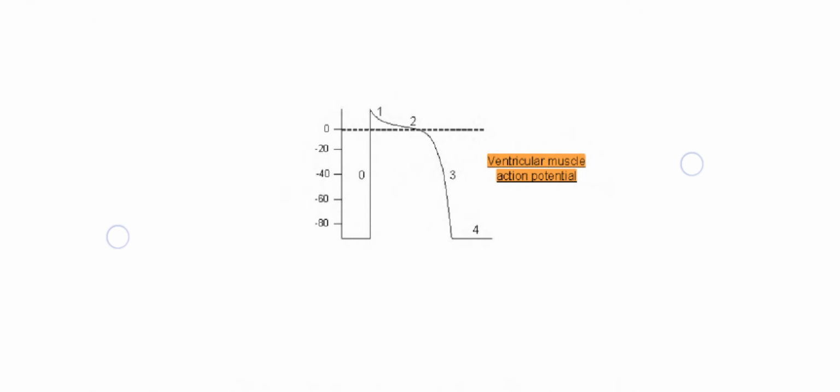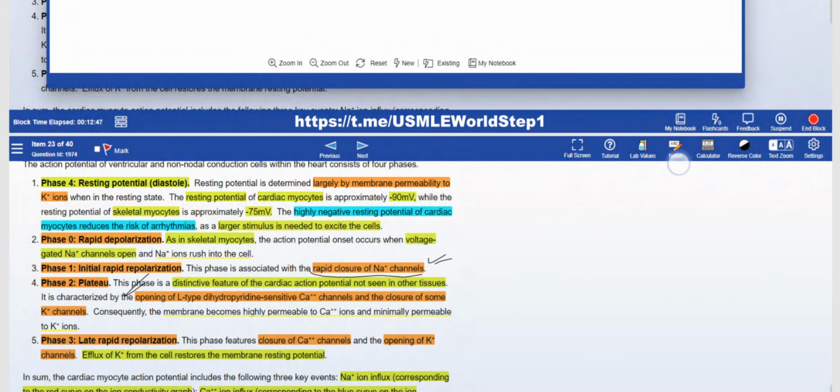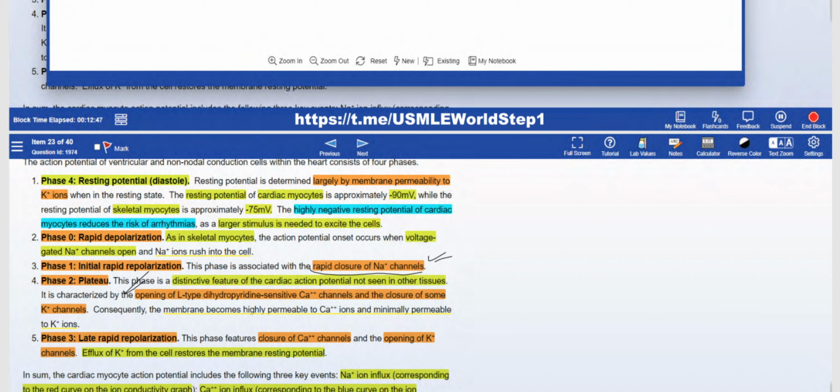So they're talking about this phase 2, right? Which is because of opening of L-type dihydropyridine sensitive calcium channels and the closure of some potassium channels. Consequently, the membrane becomes highly permeable to calcium ions and minimally permeable to potassium ions.